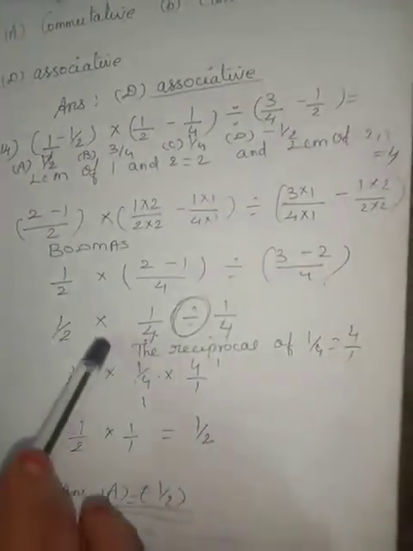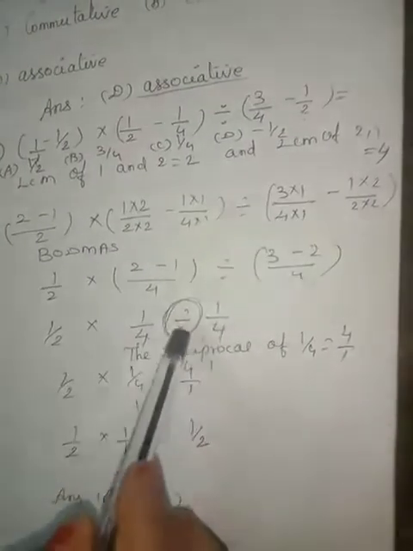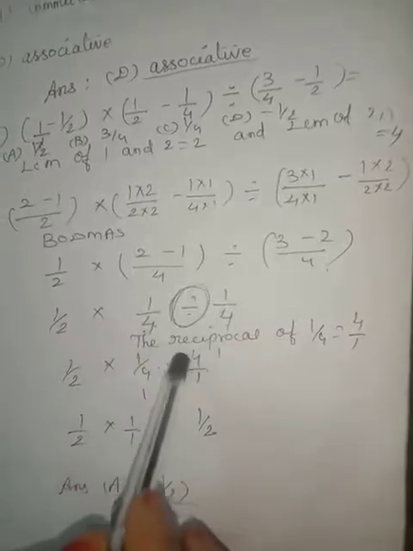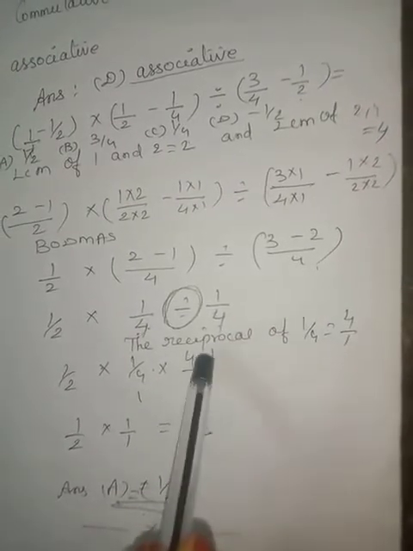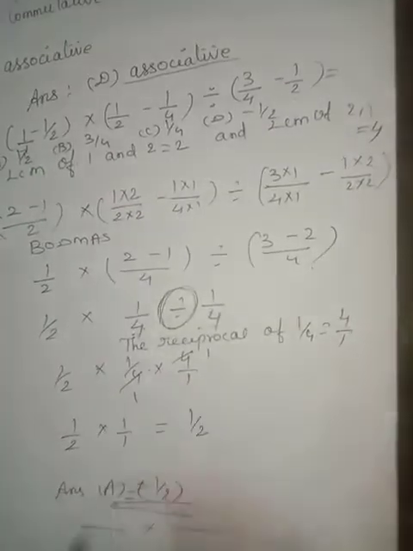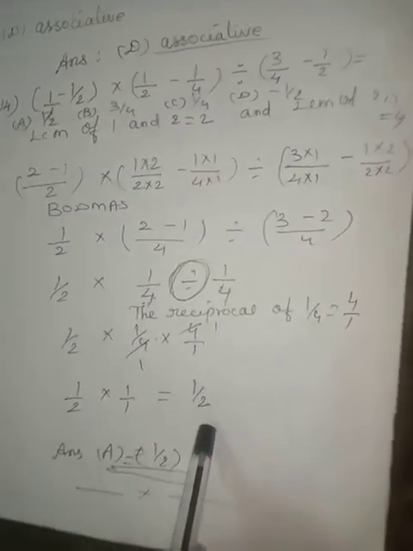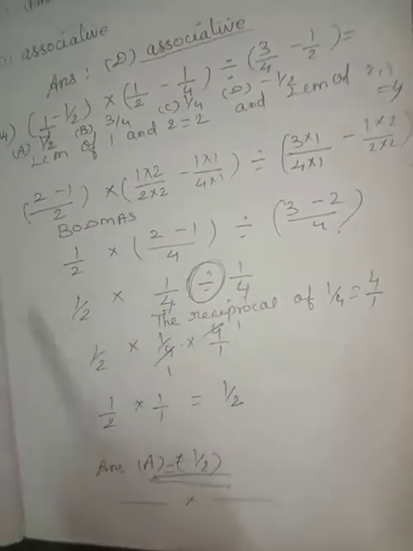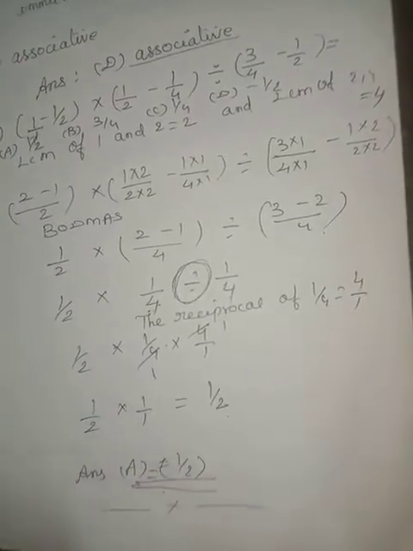Here using the BODMAS, simplify the division, 1 by 4 divided by 1 by 4, we get the reciprocal of 1 by 4 equal to 4 by 1. Simplifying the numerator and denominator, we get 1 by 1, and multiplying with 1 by 2, we get 1 by 2. So we choose option A, 1 by 2, that is the correct answer.